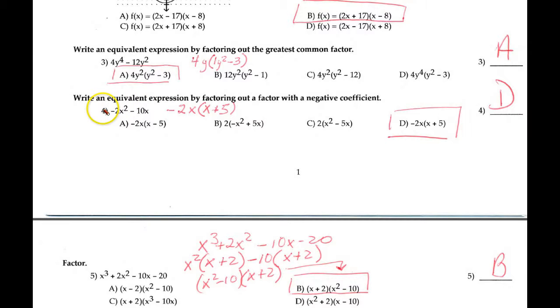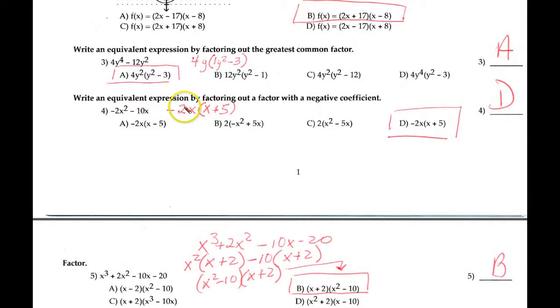Now here they want an equivalent expression by factoring out a negative coefficient. So we're going to factor out the greatest common factor, which is 2x, and a negative 2x. Now when we do that, this sign changes. So what's in the parenthesis is a positive, and this sign changes from a negative to a positive.